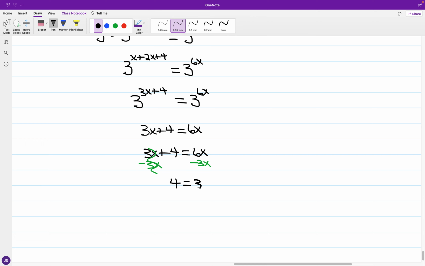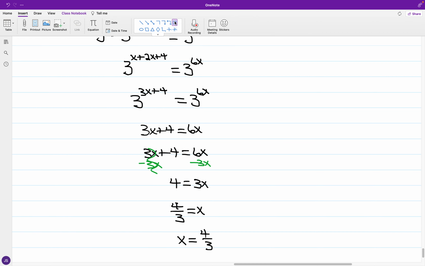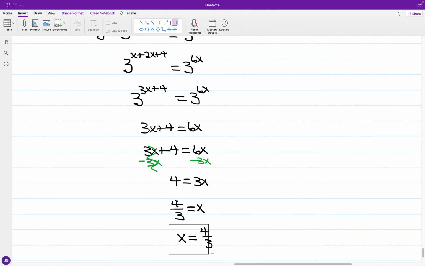Okay, so we have that 4 is equal to 3x, and we have a division by 3. We have 4/3 is equal to x. And so for this result, we're going to come out to x is equal to 4/3.